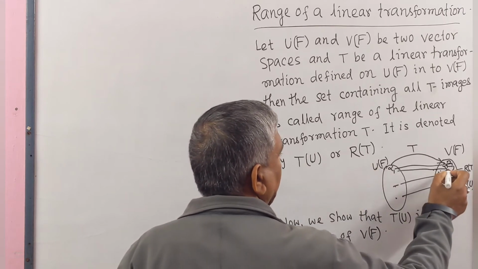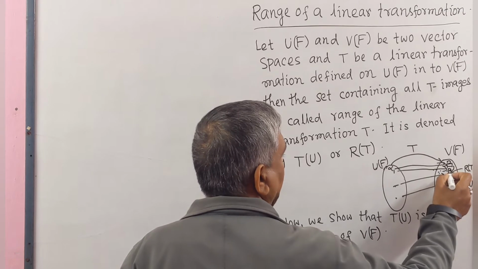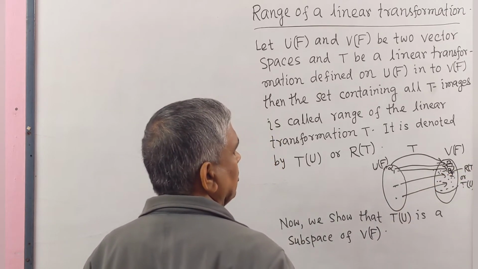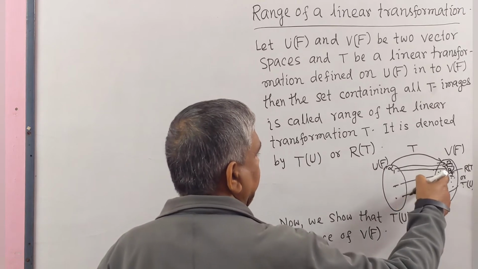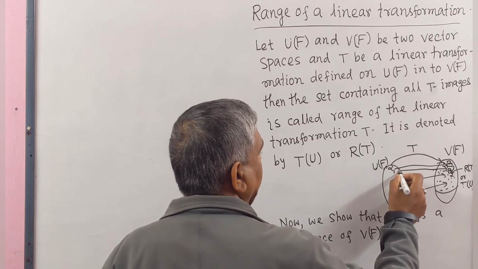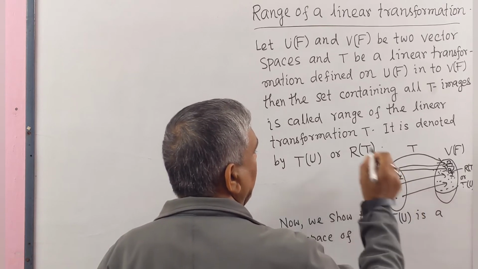Similarly, beta 2 be another element of T(U), such that beta 2 is an image of an element alpha 2 of U(F).